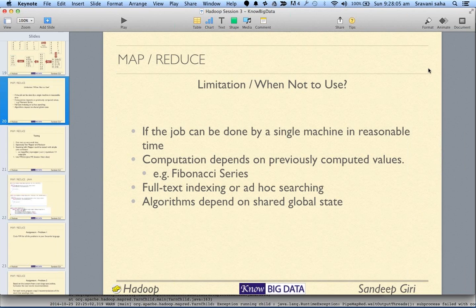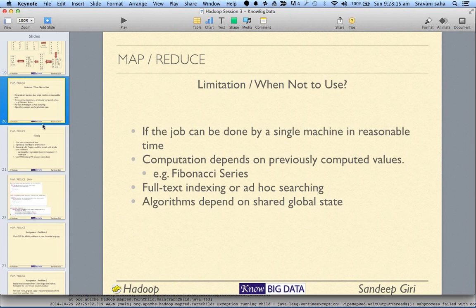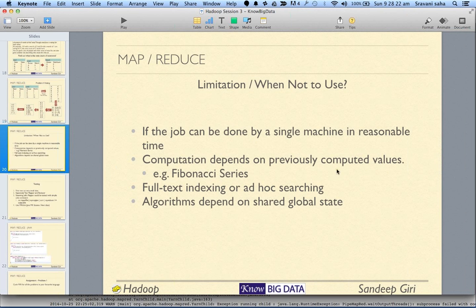Okay. The second point, computation. Not really. Computation here, in our example of the fourth one, did not really depend on anything. We were fairly independent. But here, like Fibonacci, not really.